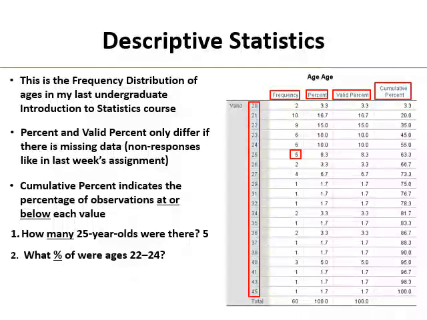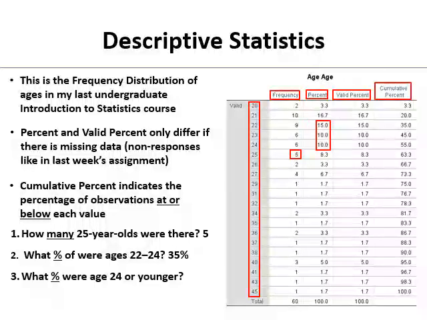So what percent of the class were ages 20 to 24 years old? So we want to know what percent were 22, 23, or 24, right? So the easiest way to get that is go to the percent column, and you see there's 15% who were 22, 10% who were 23, and another 10% who were 24. Add those together, you get 35%.